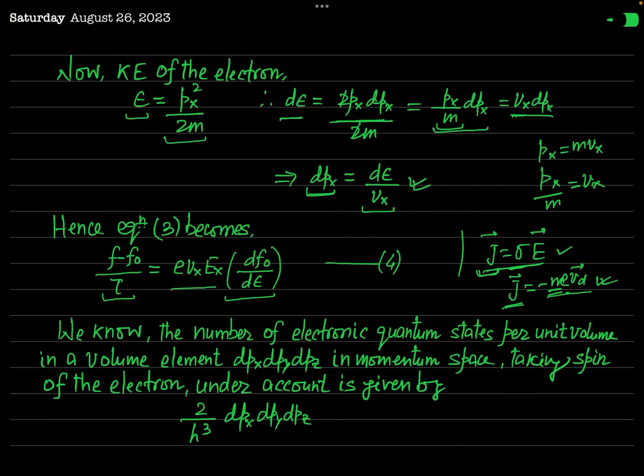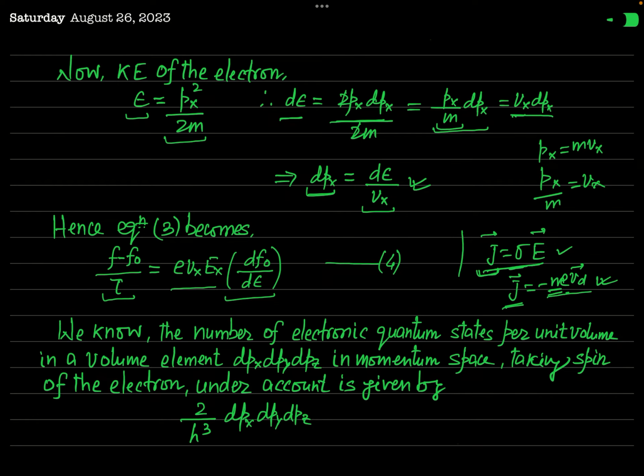For getting the value of J, first we must know the number of free electrons per unit volume taking part in conduction. This can be found by using Fermi-Dirac statistics, because the approach we will follow in this calculation is the quantum mechanical approach. This is Sommerfeld theory. So you must think that the electron is a quantum particle.